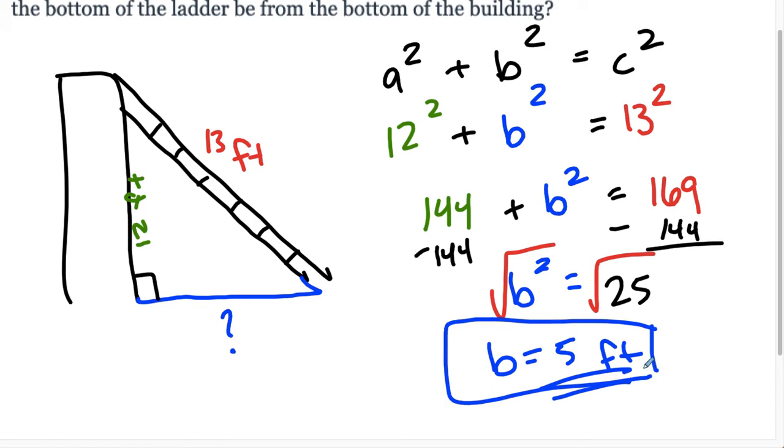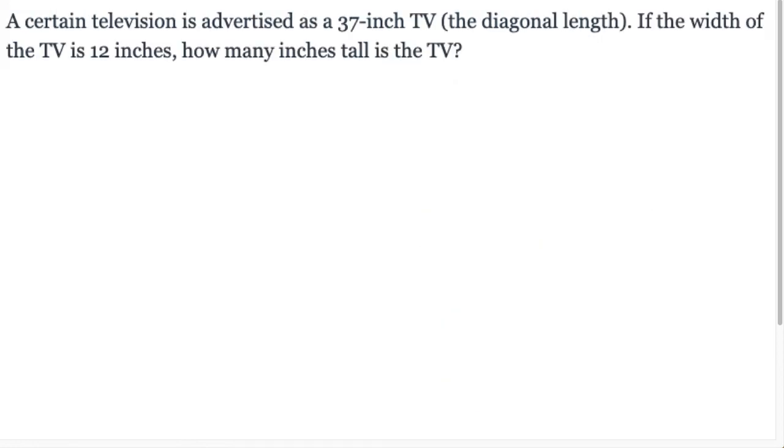Okay, that is one way to solve a word problem using the Pythagorean theorem. Here's another word problem. Why don't you try and draw this out and see if you can do this by yourself. It's talking about a certain television.